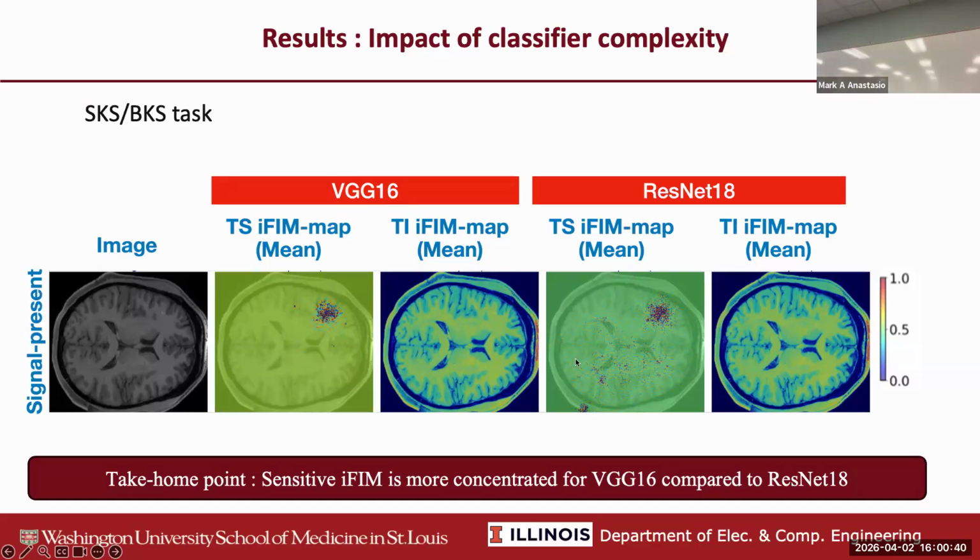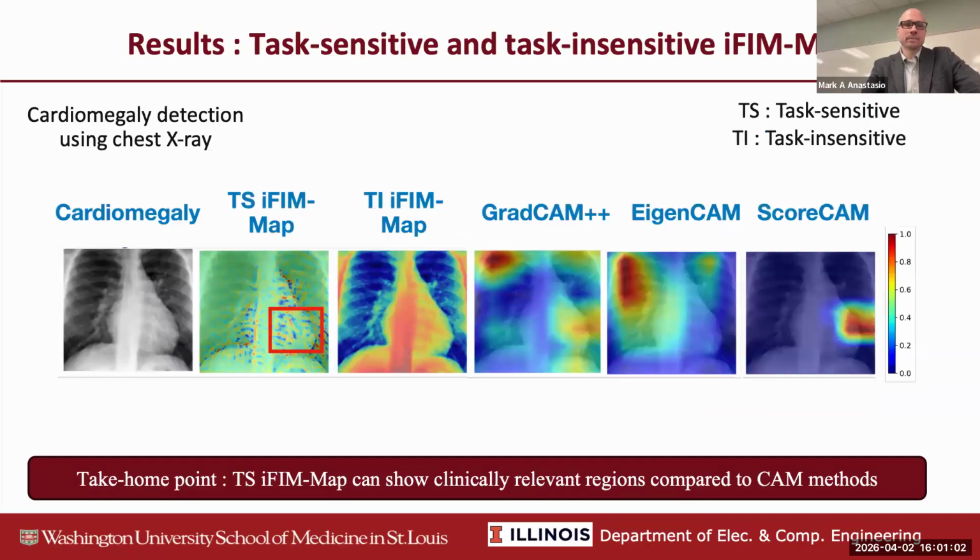The network is looking at other places, where with a shallower network, it is looking mainly at the signal location. I think this sort of behavior is well known: deep networks behave strangely. They do weird things. But this is a reminder that the sensitivity maps depend on the classifier, as they should.